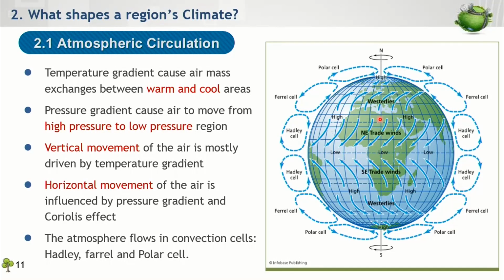However, due to the Coriolis effect of the Earth's rotation, this north-south or south-north direction is deflected to the west or to the east to create the westerly wind and easterly wind. The vertical and horizontal movement of the air together create the convection cells that define different weather zones. This includes the Hadley cell, Ferrel cell, and polar cell.